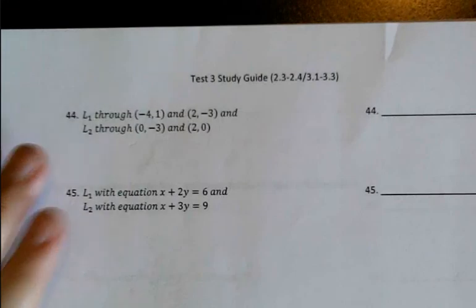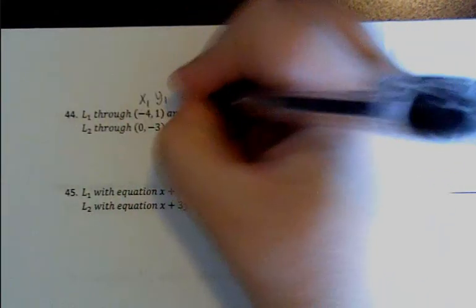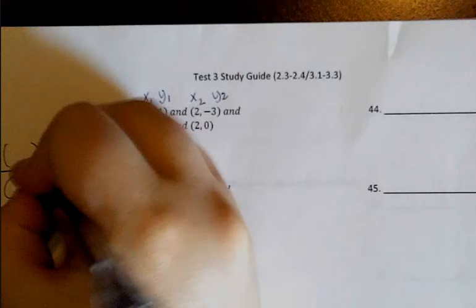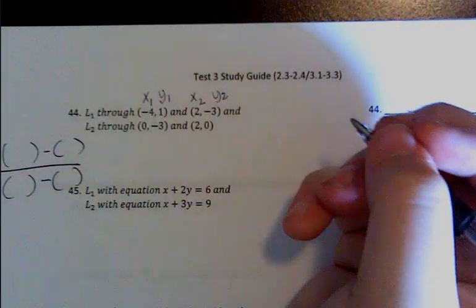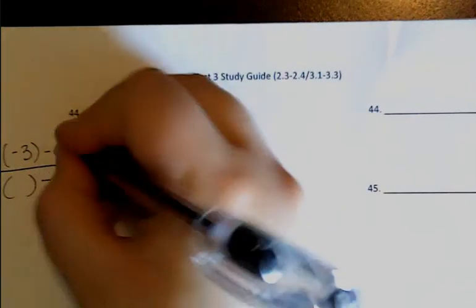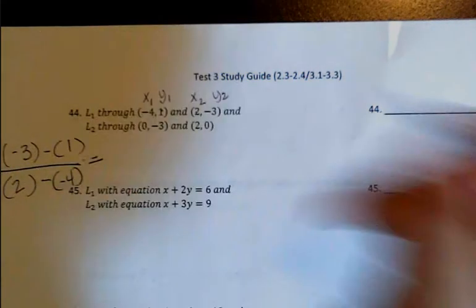Problem number 44, same exact type of problem. x1, y1, x2, y2. So I'm going to plug those into my formula. So y2 is negative 3, y1 is 1, x2 is 2, x1 is negative 4. So I have negative 3 minus 1.